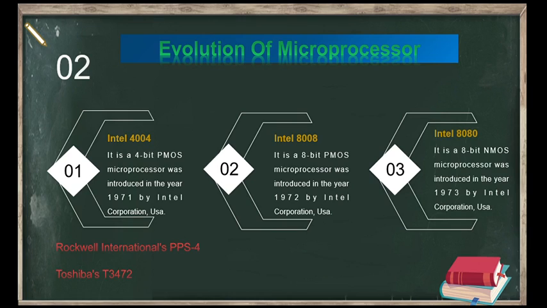The microprocessors using NMOS process technology are faster and compatible with TTL logic. The NMOS technology also provides higher density as compared to the PMOS technology. The drawback of the 8080 was that it needed 3 power supplies.